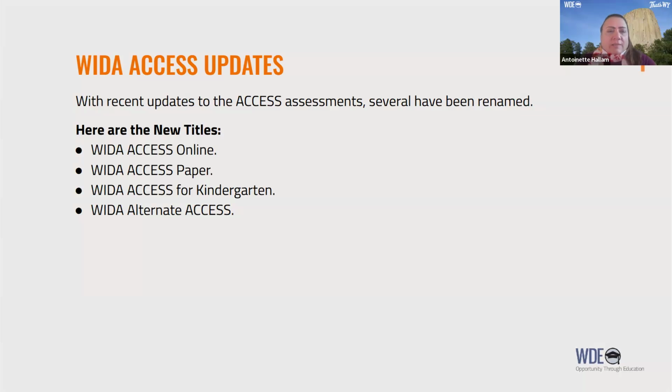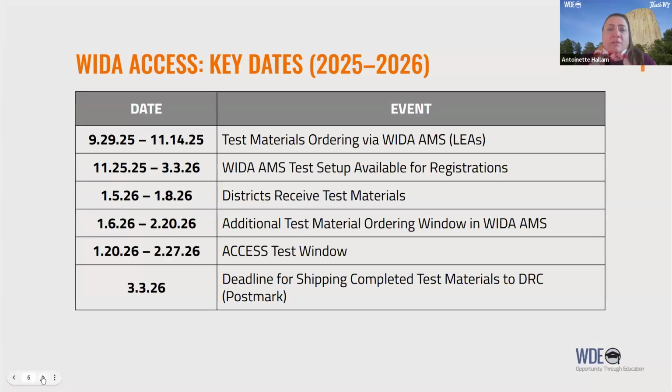So it's now the WIDA Access Online, WIDA Access Paper, WIDA Access for Kindergarten, and WIDA Alt Access. These updated names make it easier to identify the correct assessment for each student, and WIDA was included since many people were already referring to it as the WIDA test.